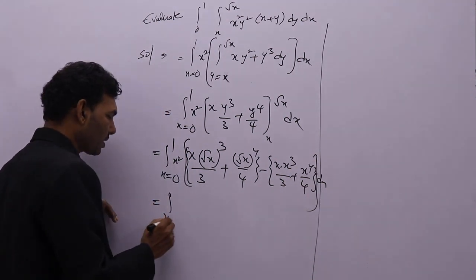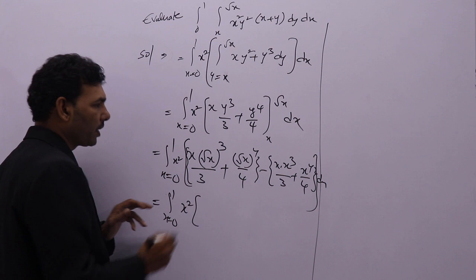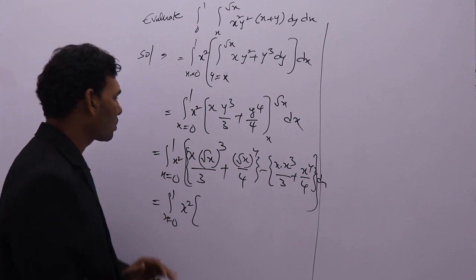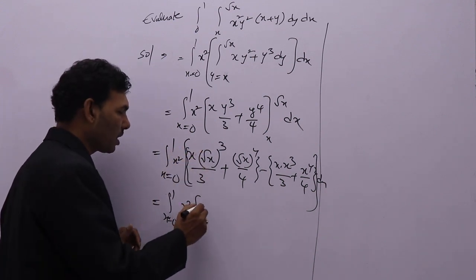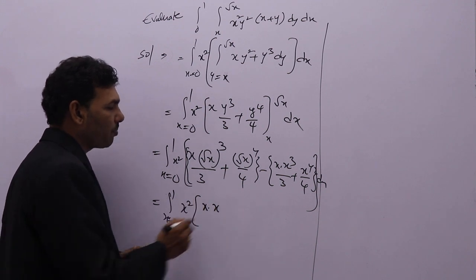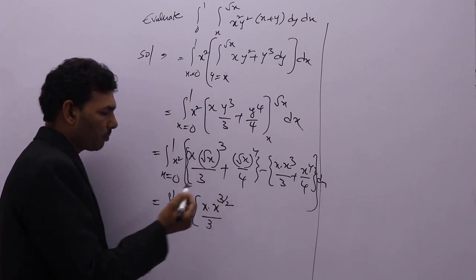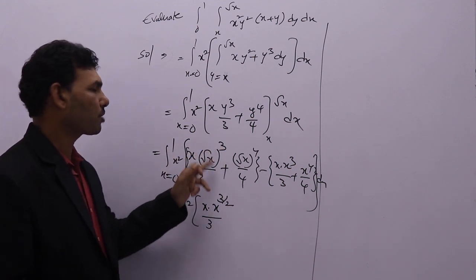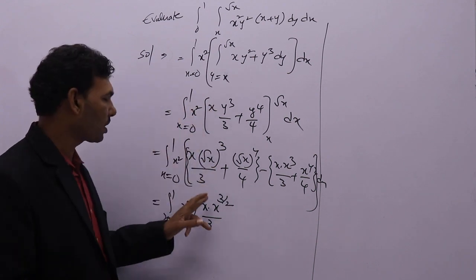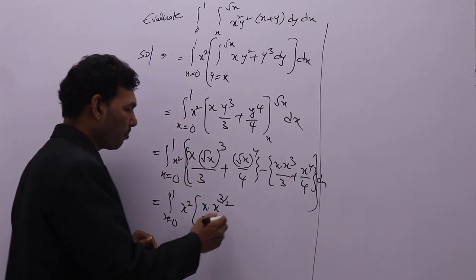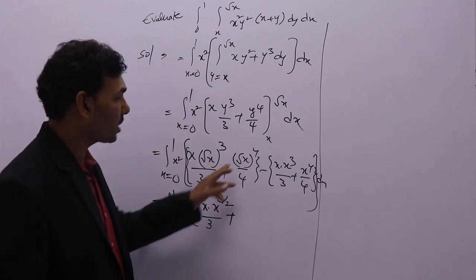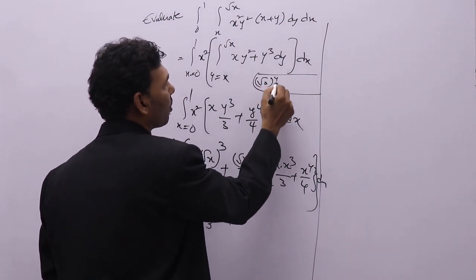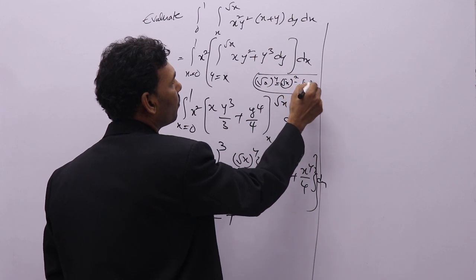Now integral x equal to 0 to 1 of x square into (root x) whole cube. Root x is x power 1 by 2, whole cube means x power 3 by 2, using the a power m into a power n formula. Clear? Plus (root x) whole power 4 can be written like this: (root x) whole square into (root x) whole square.